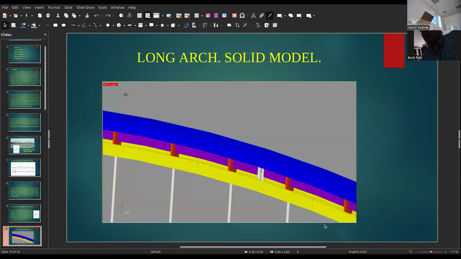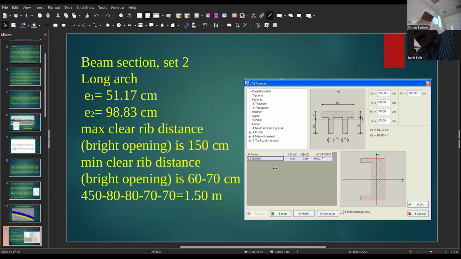It's a solid model extrude. For analysis, the shape is a beam element, not a solid element, for this moment. On the next slide we can see the beam section at the upper and lower part of the arch.